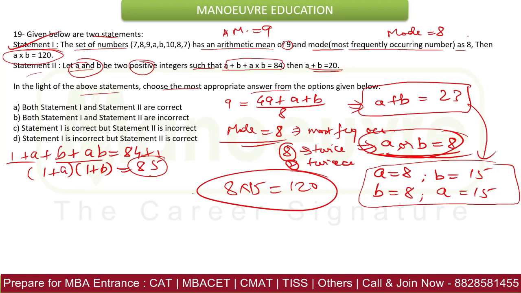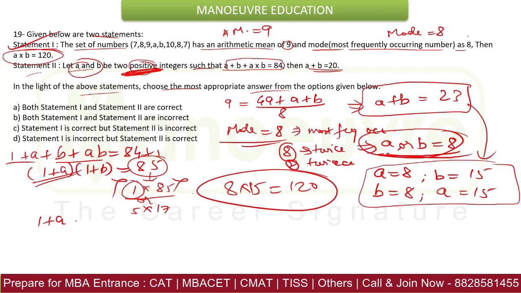Now the factors of 85 will be either 1 into 85, or 5 into 17. But if we take 1 as the factor and equate it with 1 plus A or 1 plus B, then A or B does not remain positive. Since it is given that A and B are positive, this 1 cannot be the factor, so 85 also can be the factor.